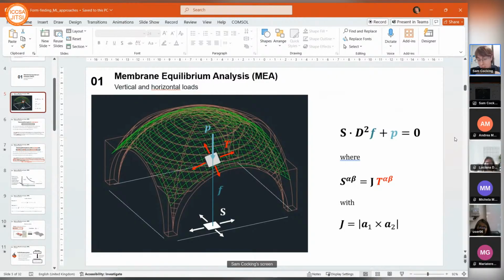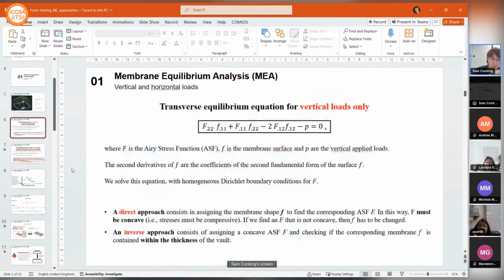And by using an area stress potential, equilibrium reduces to one transverse equilibrium equation. So if I go to the next slide, transverse equilibrium under vertical loads only can be expressed in this way. We're using common notation for derivatives here. Capital F is the area stress function, little f is the surface of the membrane, describing the membrane height over the domain, and P are the vertical applied loads.